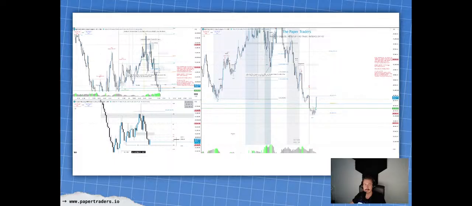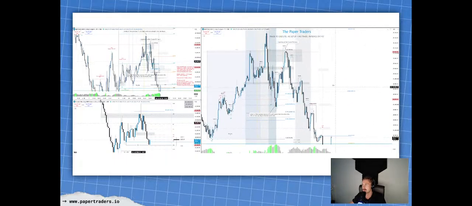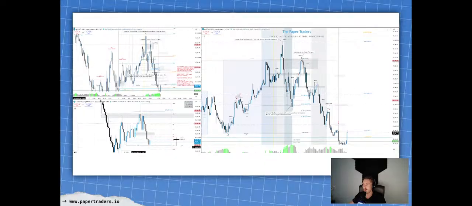Anyways, on the 5-minute, here we're looking at price continuing to trade below the Asian session and the London session low. We got a nice displacement on this one.